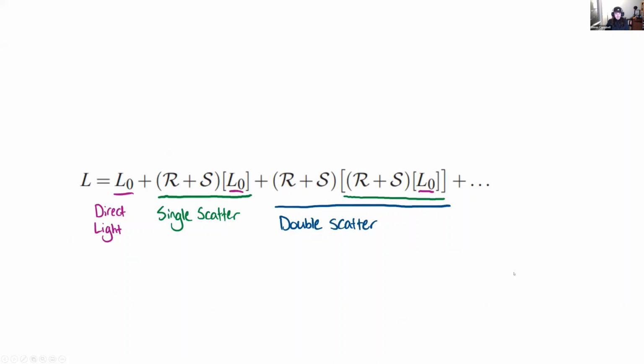So here's another way of saying that, that you can add up different scattering terms of light. See that the real function of L, all the light coming in, is the sum of just the direct light coming in, plus the light that got scattered once, reflected off the ground and just in the air.